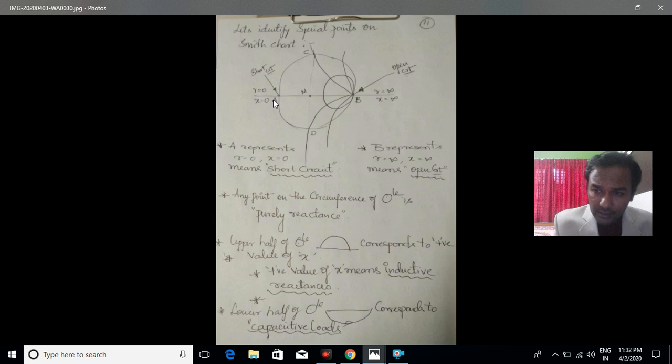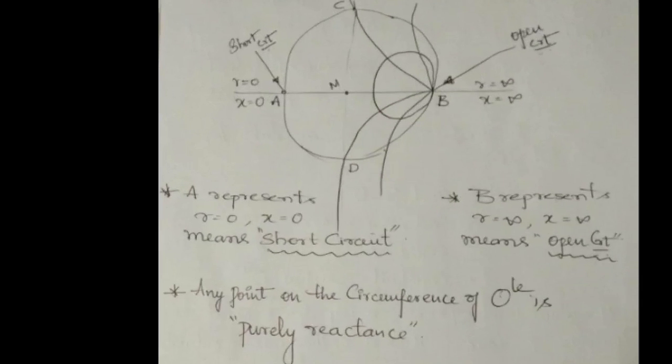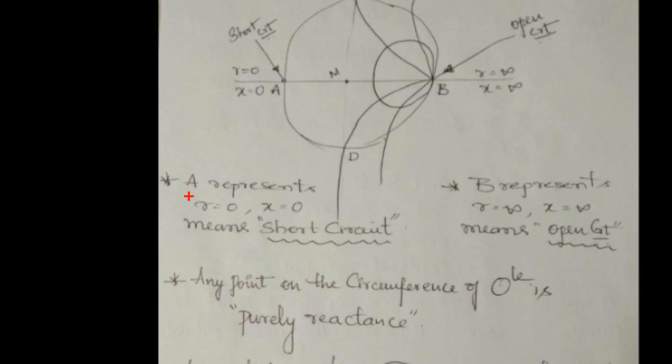So let us take R equal to 0 and X equal to 0, and that point is represented as A. A represents R equal to 0, X equal to 0, resistance and reactance 0, then the circuit we are plotting on the coordinate will represent a short circuit.